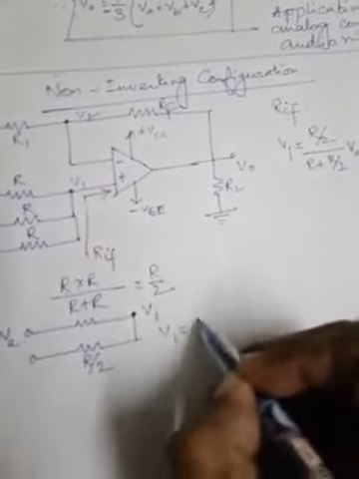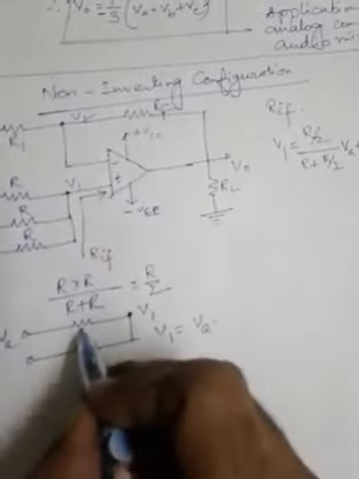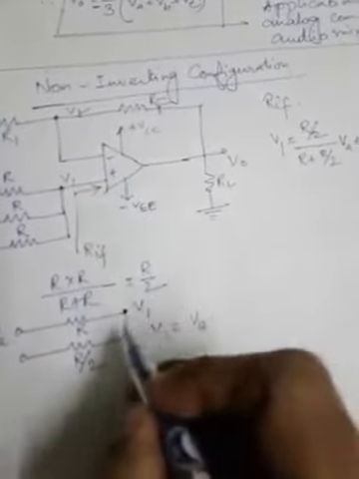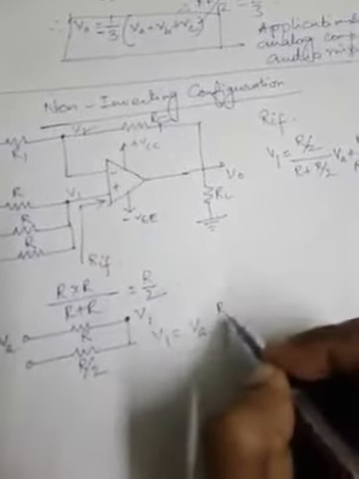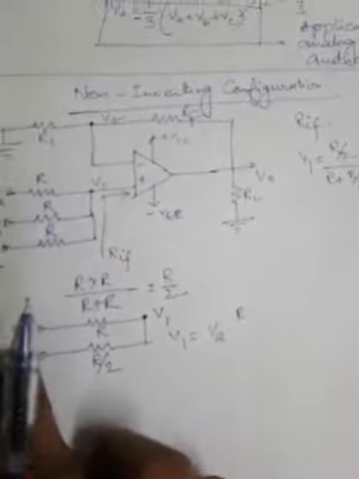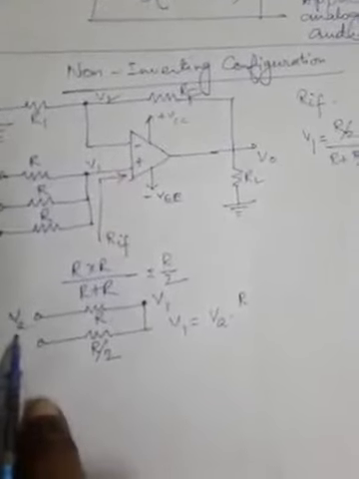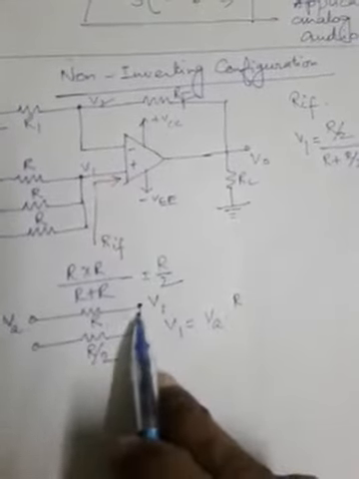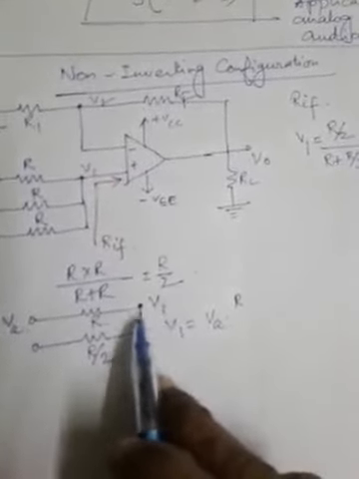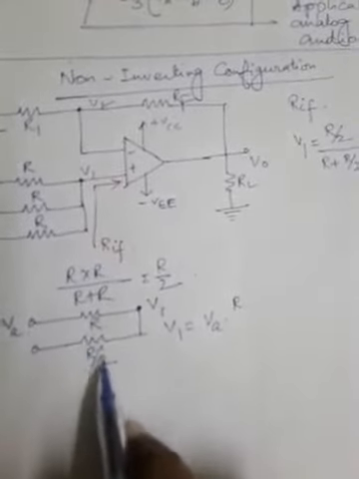So V1 can be written as VA into the resistance of this is R. So this V1 is the voltage across R. So if we apply the superposition theorem in this now, we should be getting the voltage divider rule in such a fashion that we have applied a voltage VA as the input voltage and are trying to find the intermediate node voltage V1, where the intermediate node is between the two series connected resistances R and R by 2.